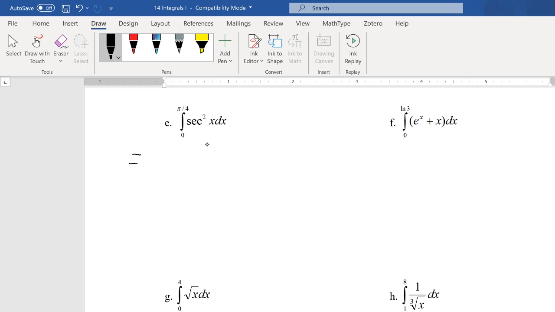This next one is the integral of secant squared. So again, the derivative of tangent is secant squared. Therefore, the integral of secant squared is tangent.